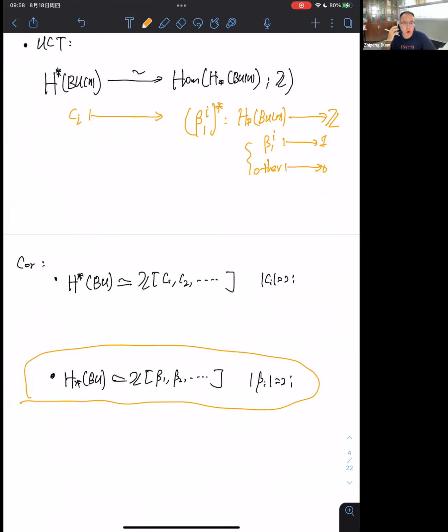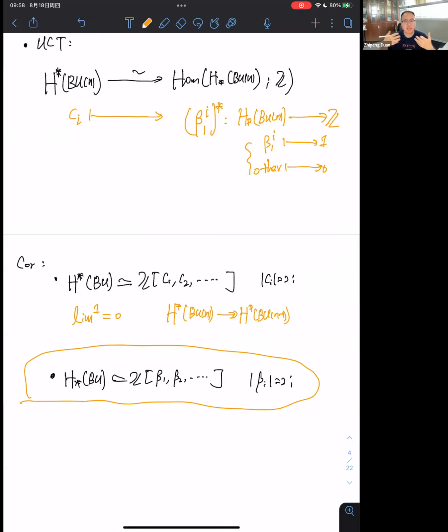And as for the cohomology of the stable classifying space, in the general case it has a lim1 term. But in this case, the lim1 term vanishes. This is just because the inverse system, according to the previous result, from the cohomology of BUn maps to the cohomology of BU(n-1) surjectively.